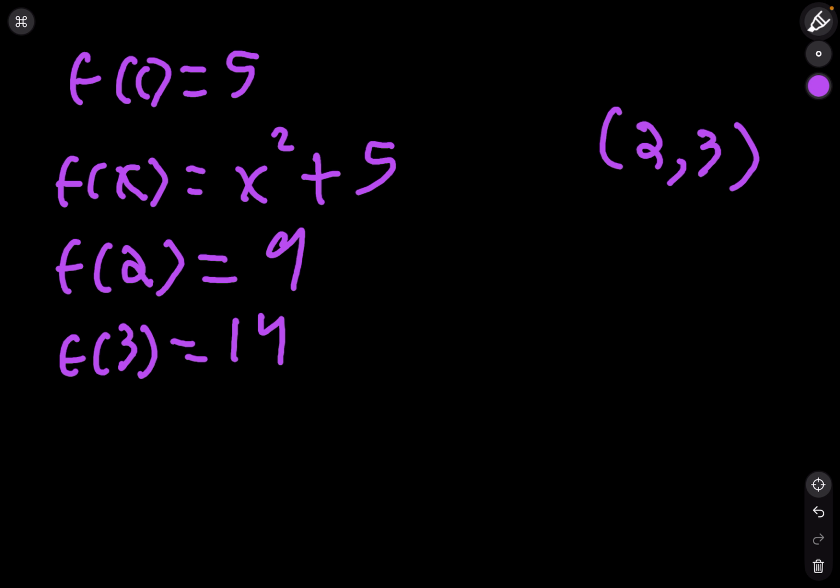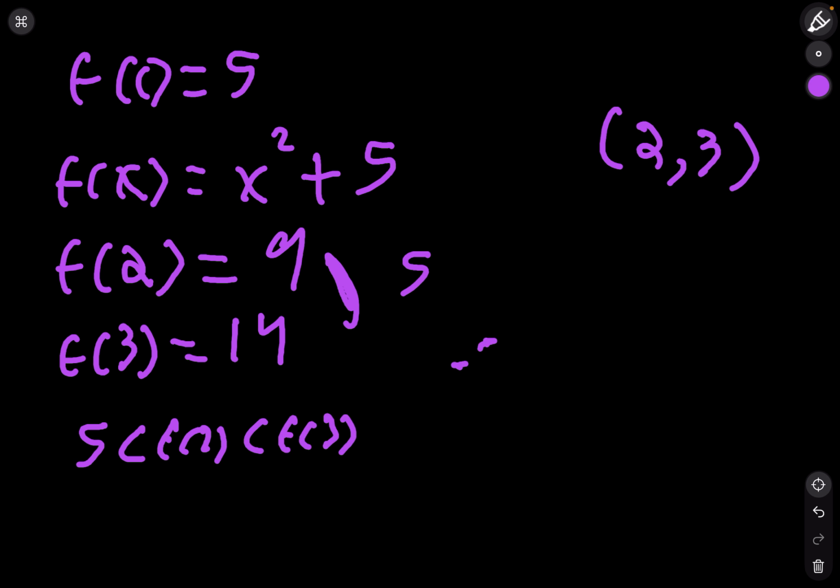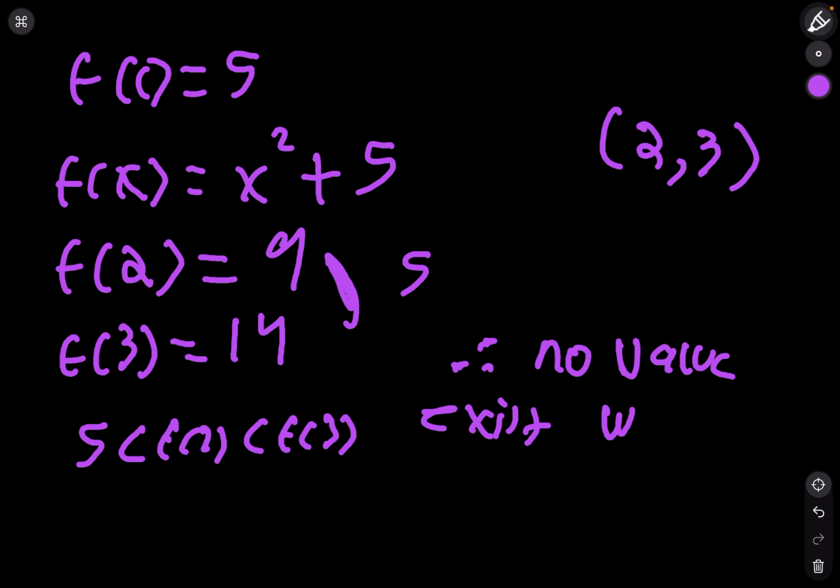From here, you can see that 5 is not between these numbers, because 5 is less than f of 2, which is less than f of 3. Therefore, no value exists where f of c is equal to 5. That's essentially what this whole theorem is saying.